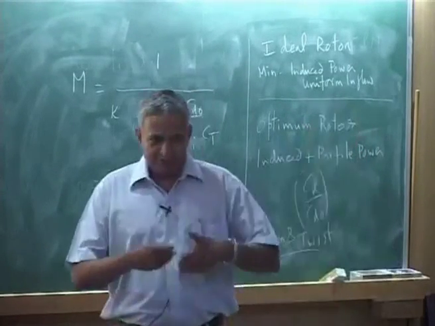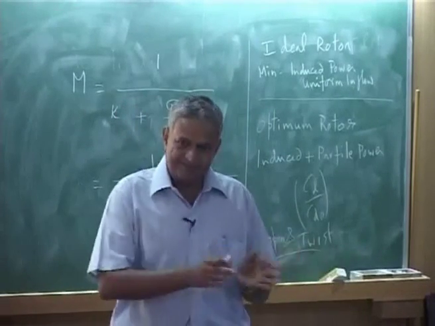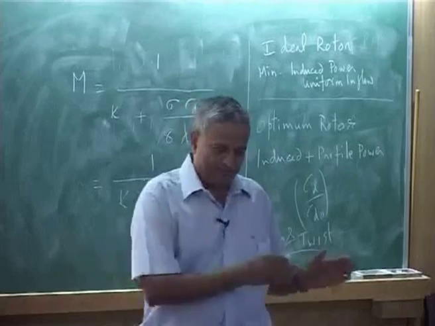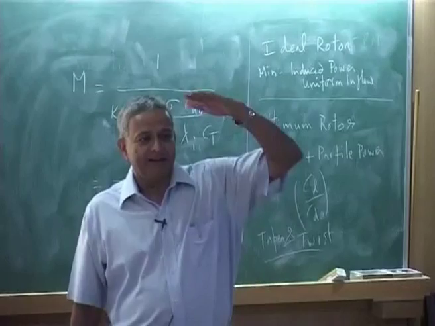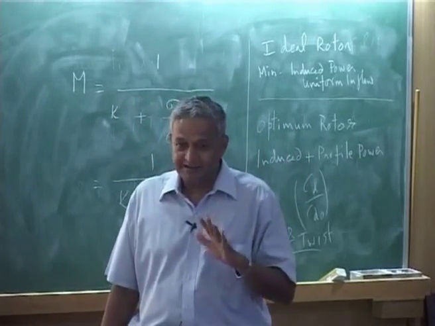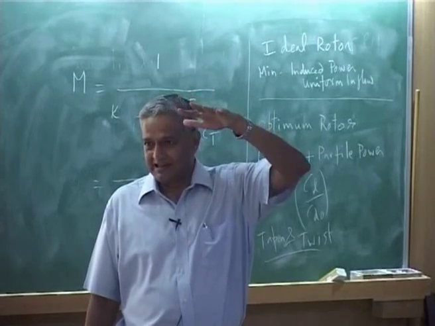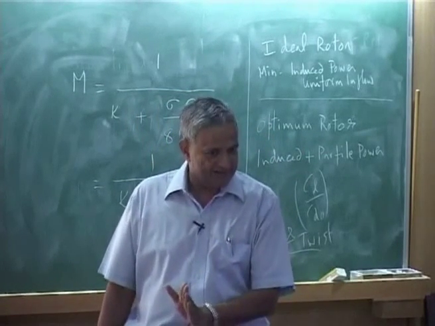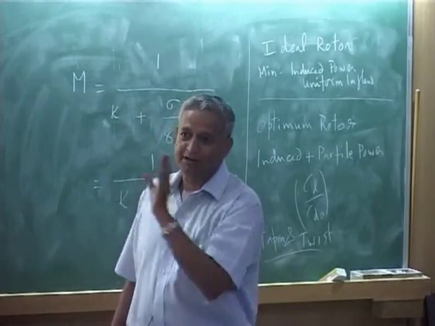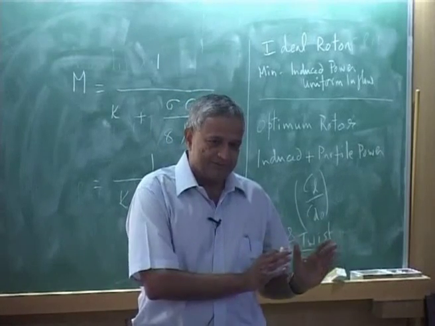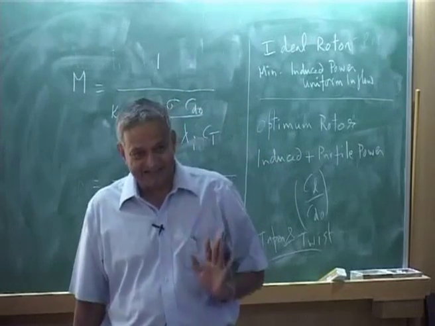Now we will go to the next flight condition. As a matter of fact, the whole course will go like this. We did the hovering, now we say climb and descent in only the vertical direction. Once we finish this, then we go to forward flight, because forward flight is the most complex problem. That is why first we do hover, then climb and descent.